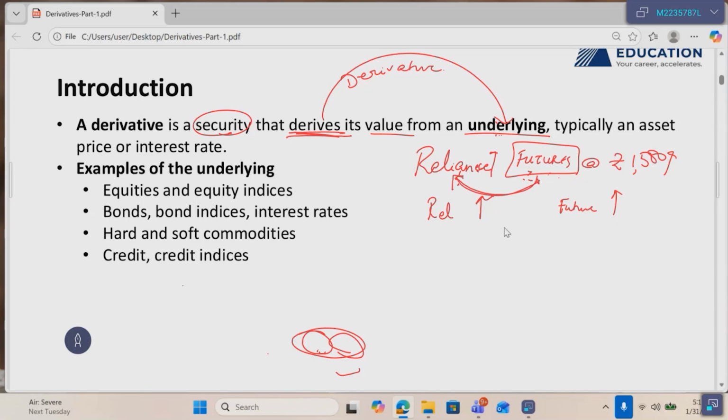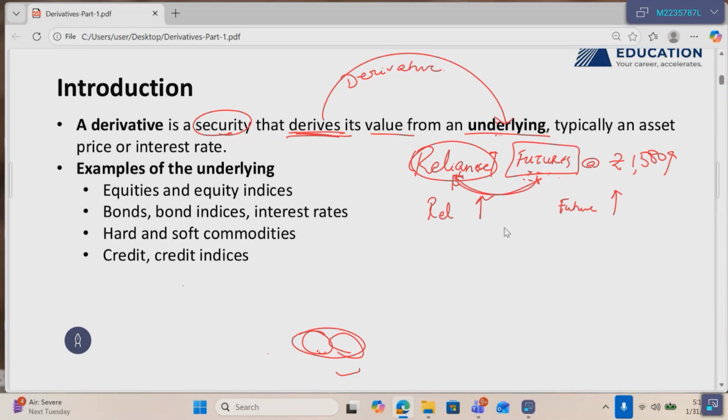Therefore, this is called a derivative of Reliance shares. So I could take a derivative of any share. I could take futures of anything, Infosys, TCS. Whatever the underlying, that underlying might go up or down, and this futures contract will also go up or down based on the underlying, right?